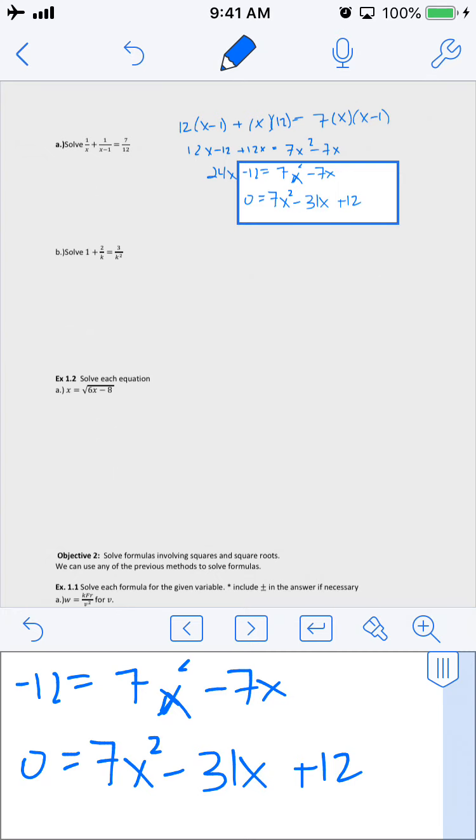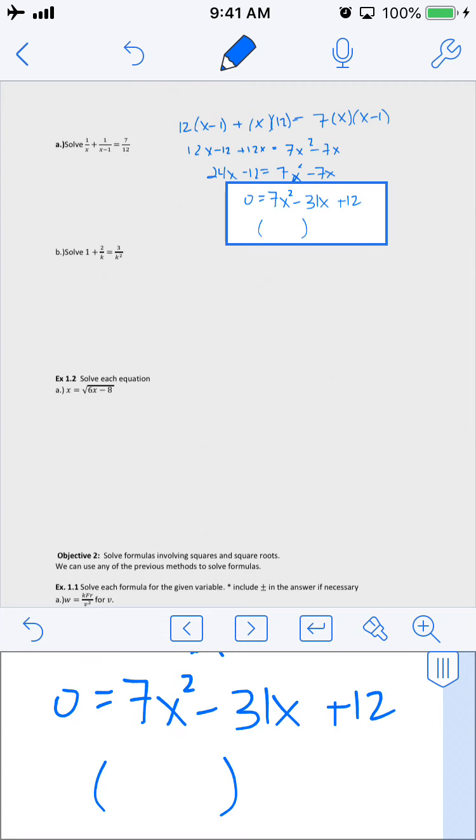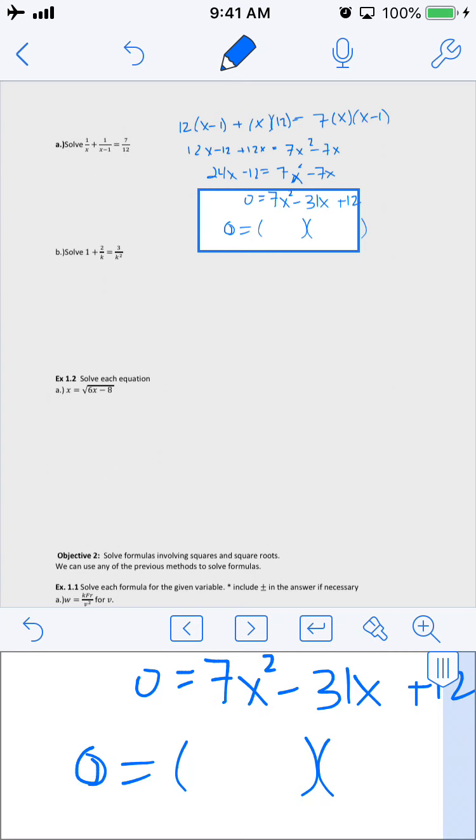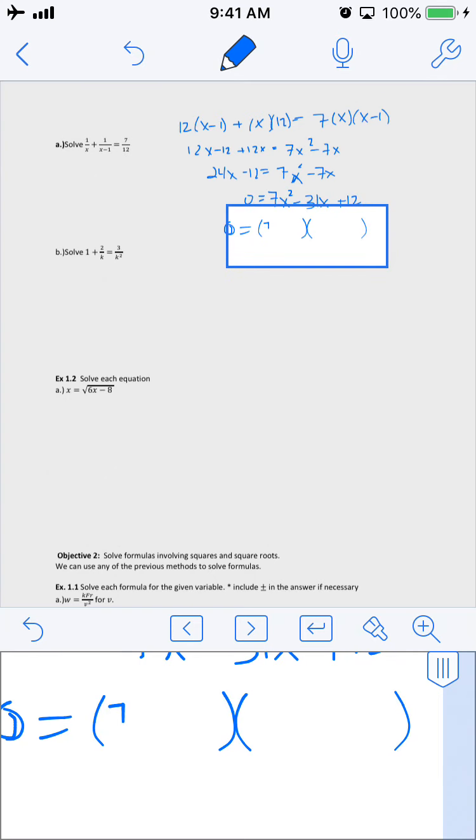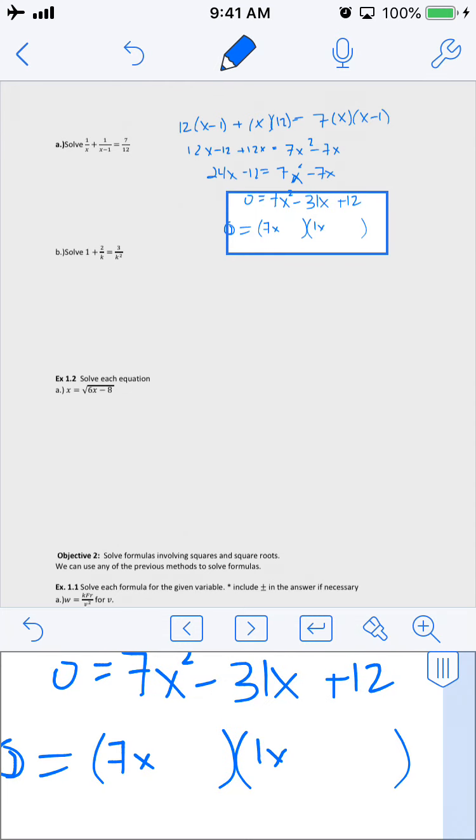I'm just going to try it. I have no idea if this is going to work. We saw at the beginning of this chapter how to solve by factoring. 7x and 1x. Let's see, 12 could be 1 and 12. 7 plus 12 would be 19. So no, that wouldn't work. 3 times 4: 7 times 4 would be 28, plus 3 would be 31? No, that would be 30.